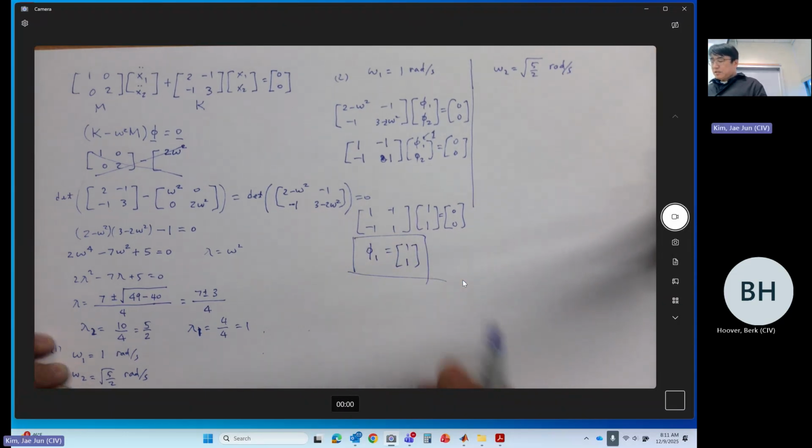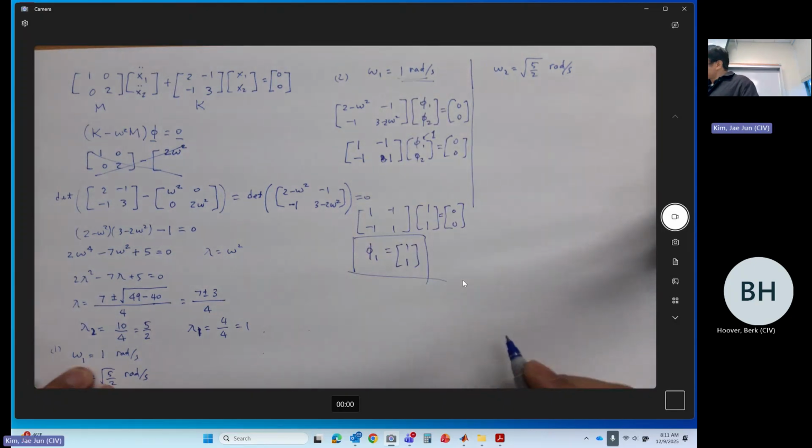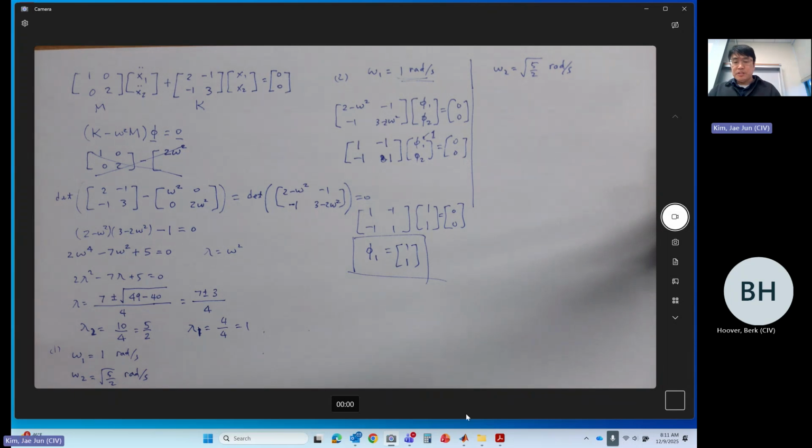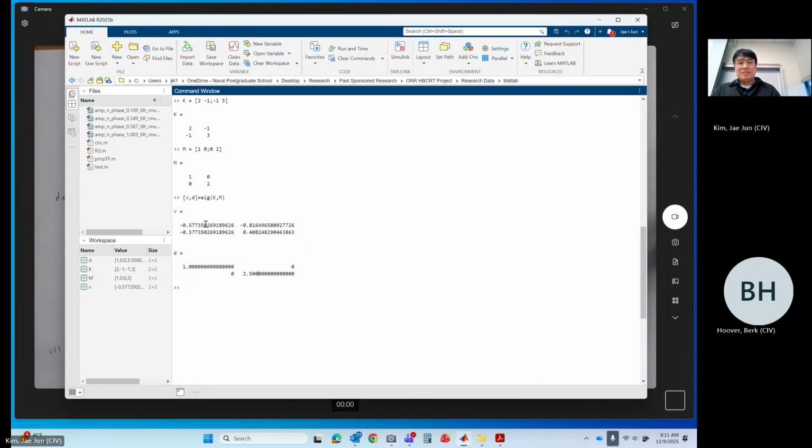So what it tells me is the first mode, x1 and x2, is moving in unison with natural frequency of 1 radians per second, which is shown in here as minus 0.57735 and minus 0.57735. So it's moving together.